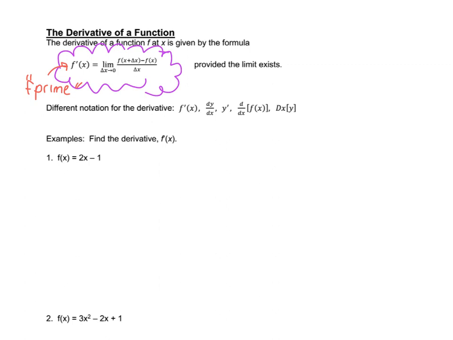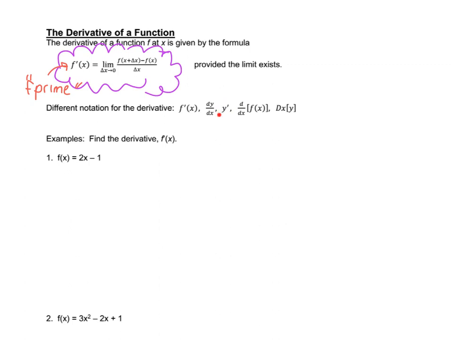Other notation that you'll see, and the Khan Academy video mentioned this as well. The reason there are so many different notations is that there were so many different mathematicians studying this once calculus started blossoming in the mathematics world. You typically will see f prime of x.